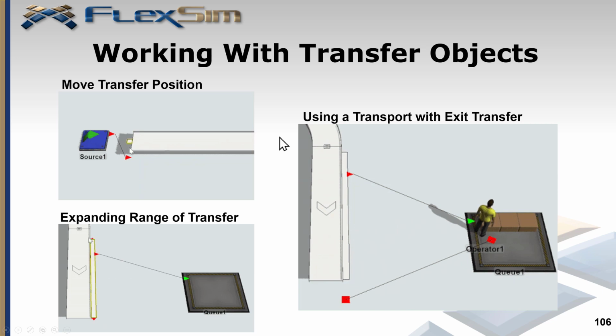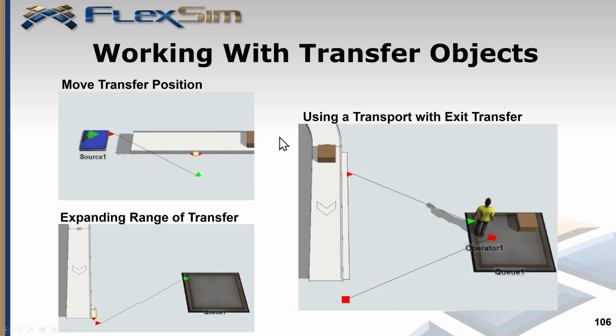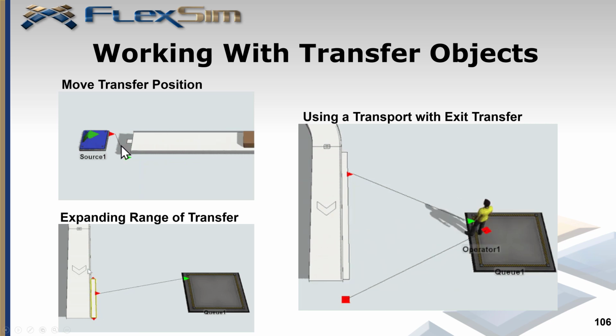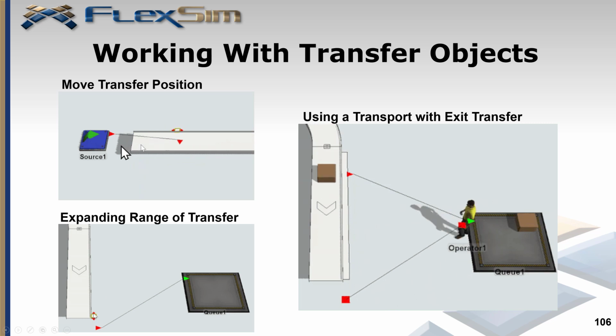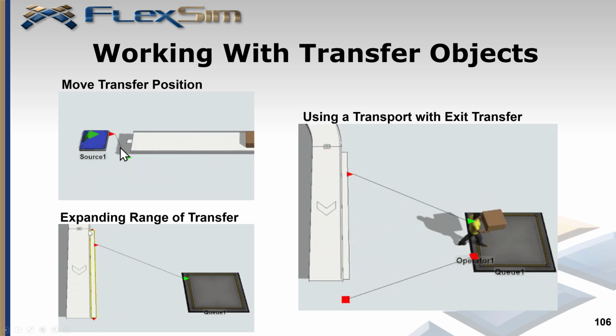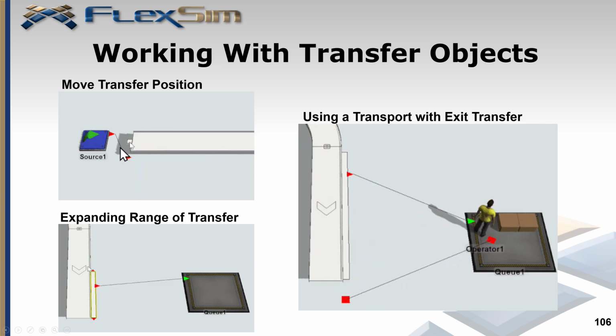We can move an entry or exit transfer by dragging it to a different position on the conveyor as shown here. Drag along the top or the bottom. We can expand the range of entry and exit transfers if needed by clicking on the transfer object and then dragging one of the expansion arrows as shown down here.